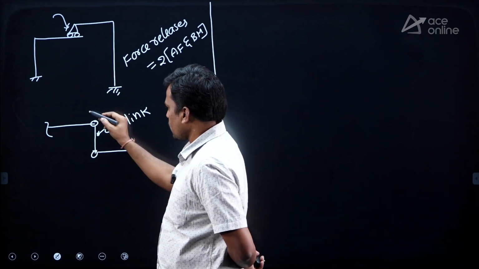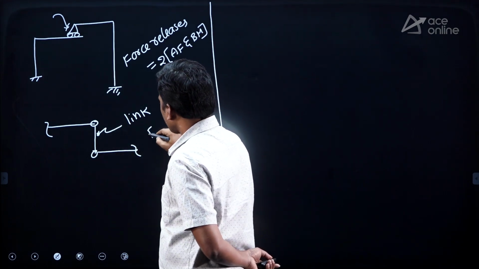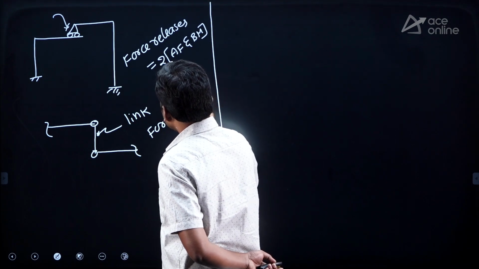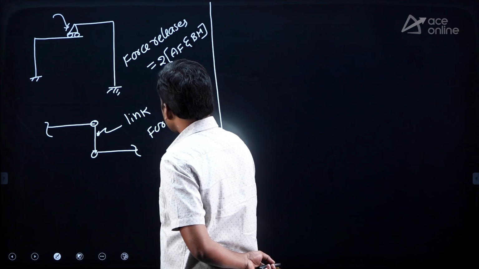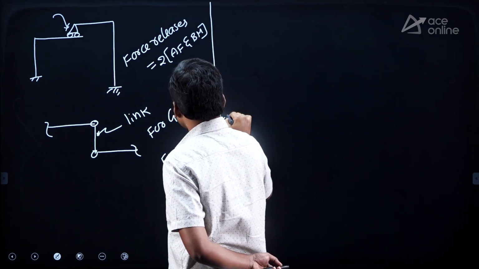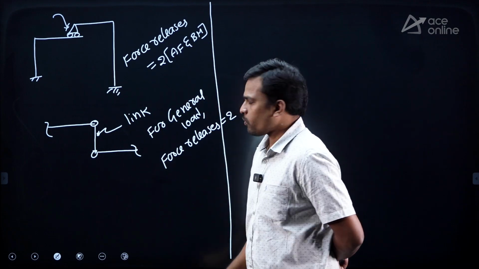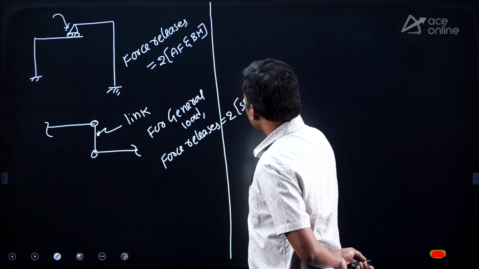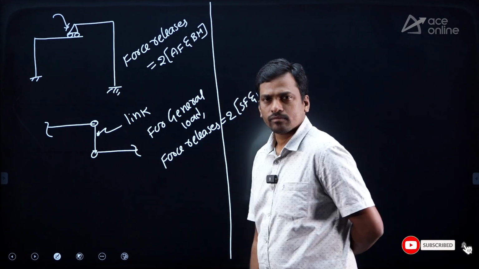Students, if it is a general loading, for general load, how many force releases? Force releases equals 2, right, for general load. What are the two force releases? Shear force and bending moment.